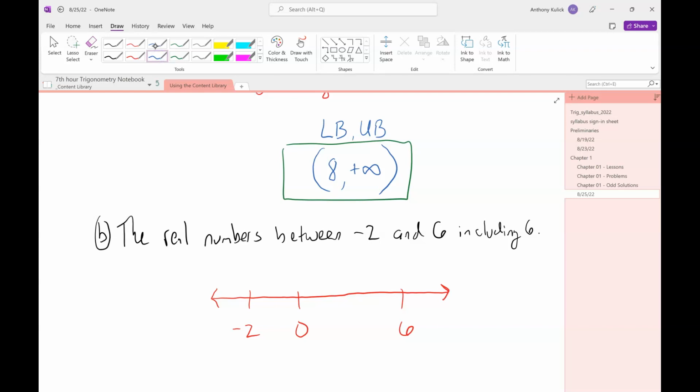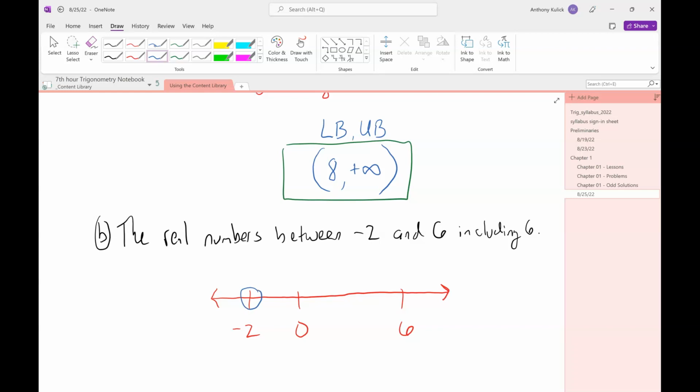All right. So what's the first number I care about here? -2. Great. Very good. Is -2 included here? Does it say it's included? No. So should we assume it is? No. So that'll get the open circle.